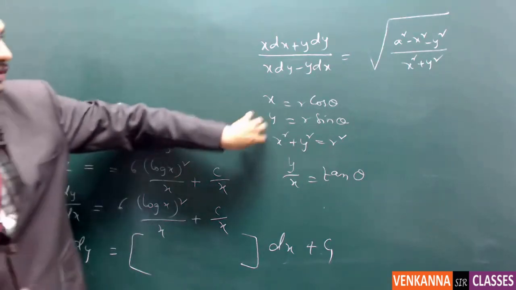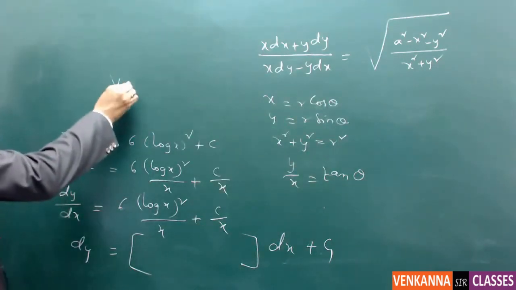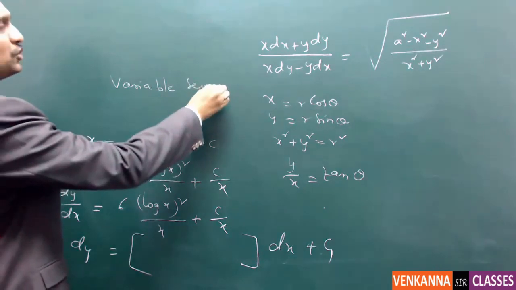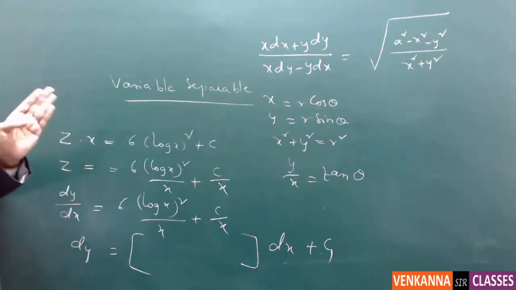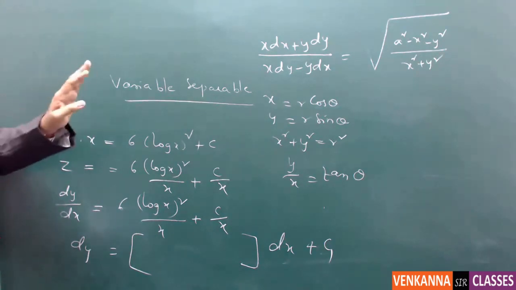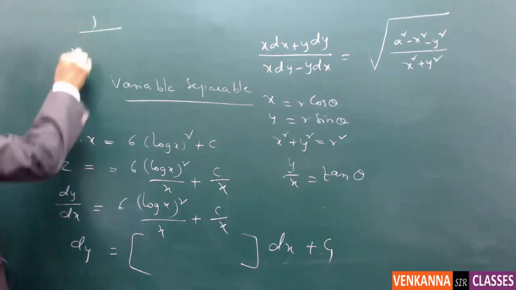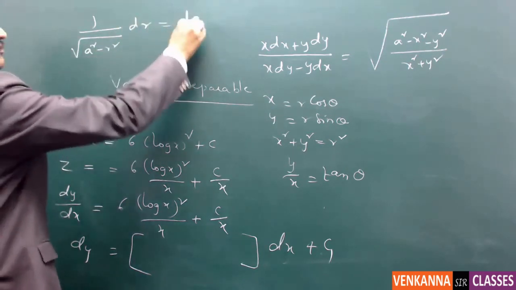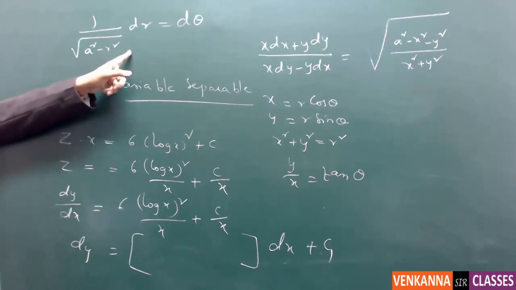So if you substitute these values here, on simplifying, it will simply come as variable separable. On substituting these values in the above, it will come as variable separable. All r values on one side, all theta values on one side. However, I give the idea that this will become as the final thing, which is variable separable.